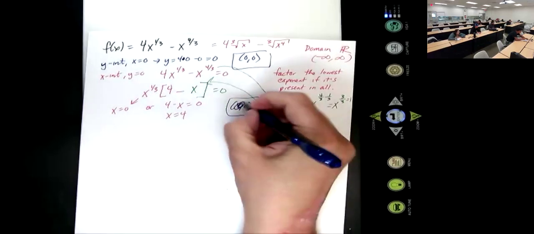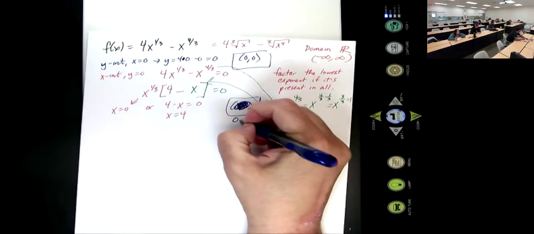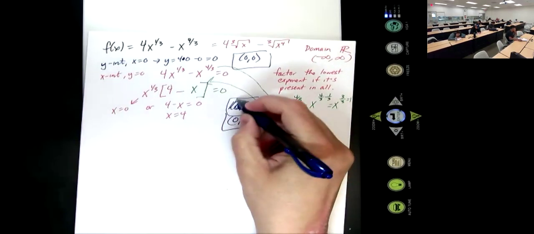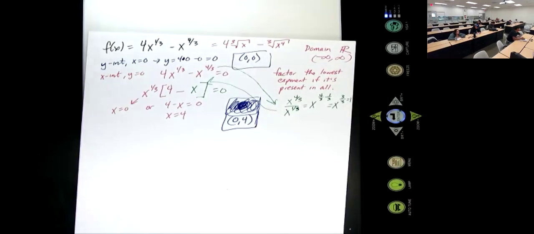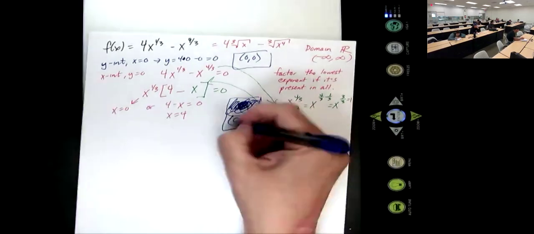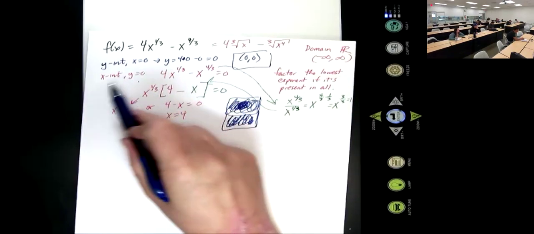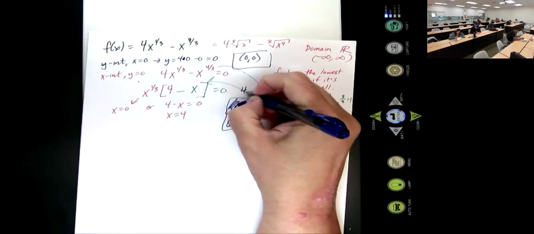Wait, I wrote that backwards. I'm doing y-intercept there. There we go. Nope, I had it right the first time. Y equals 0, I'm doing x-intercept. I was doing it correct.